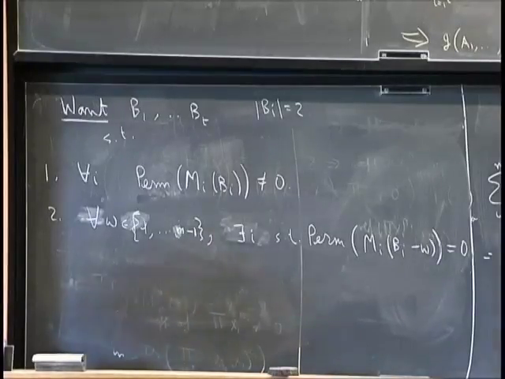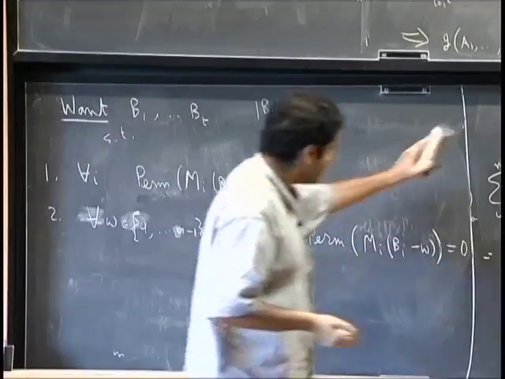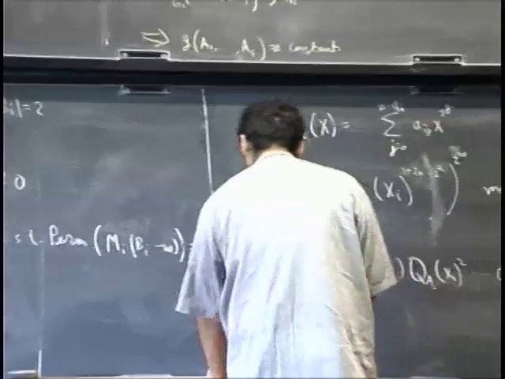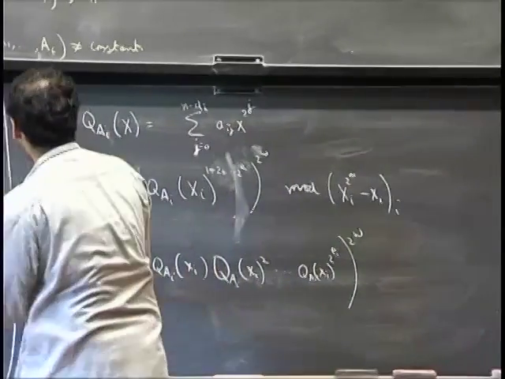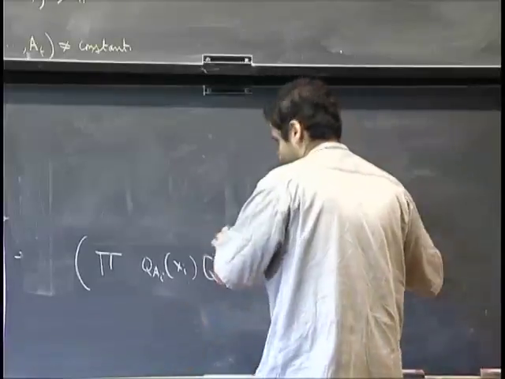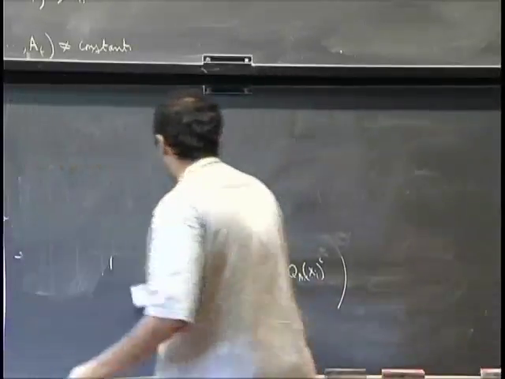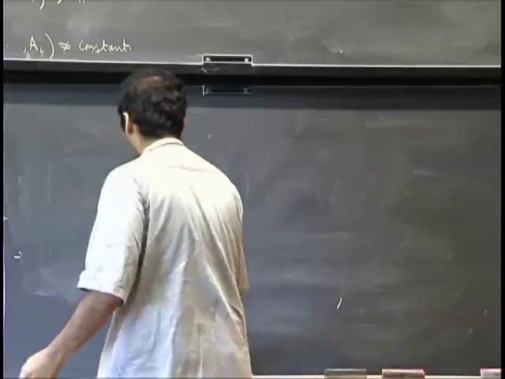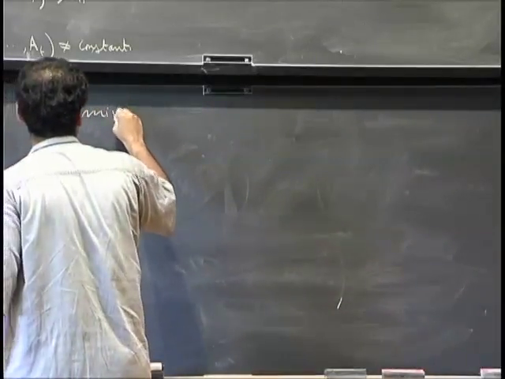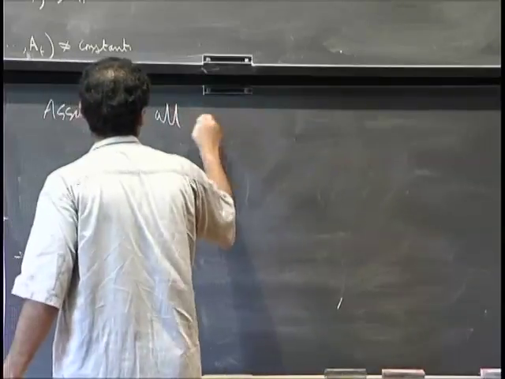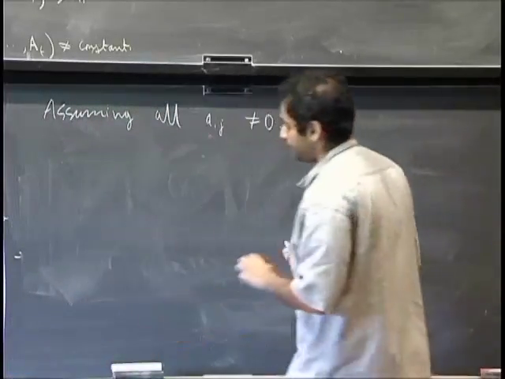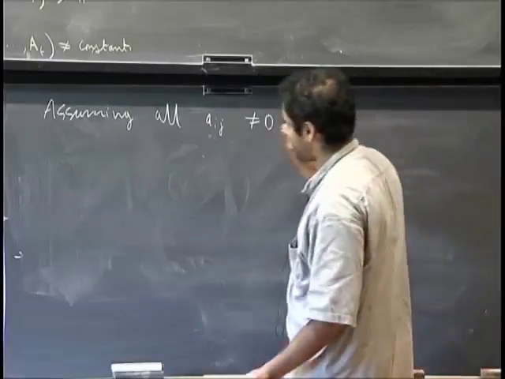Okay, so in the non-zero setting, let me give you a simple geometric choice of the B_i's, assuming all a_ij's are non-zero. Let's do something.